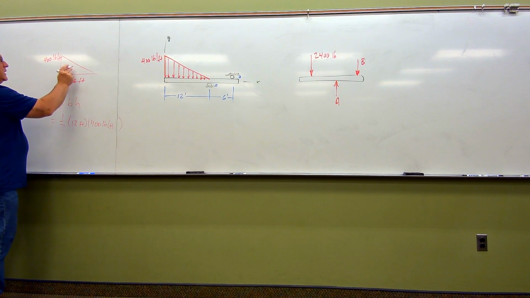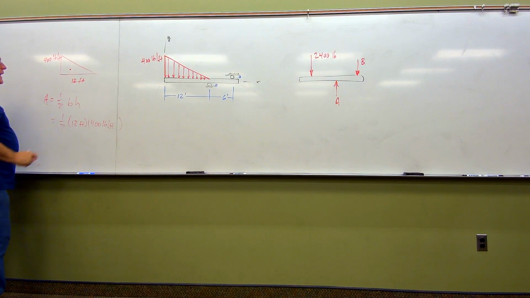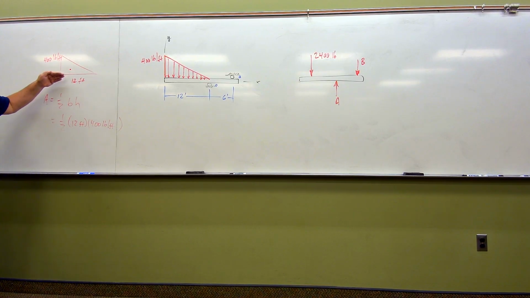And as we've already talked about from our earliest explorations of chapter 5, the centroid of a triangle, look at this triangle carefully here, folks, and just always remember, from the flat edge of the triangle over to the centroid will always be 1/3 of the base. If we were coming at it the other direction, from here over to the centroid, that'd be 2/3 of the base obviously, but in this case here, the flat edge is nicely right along the y-axis. So 1/3 of 12 feet, in other words 4 feet.